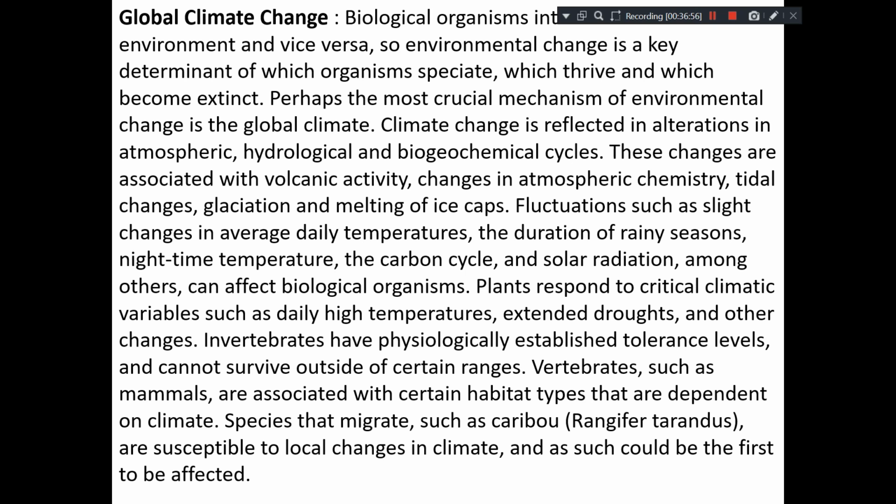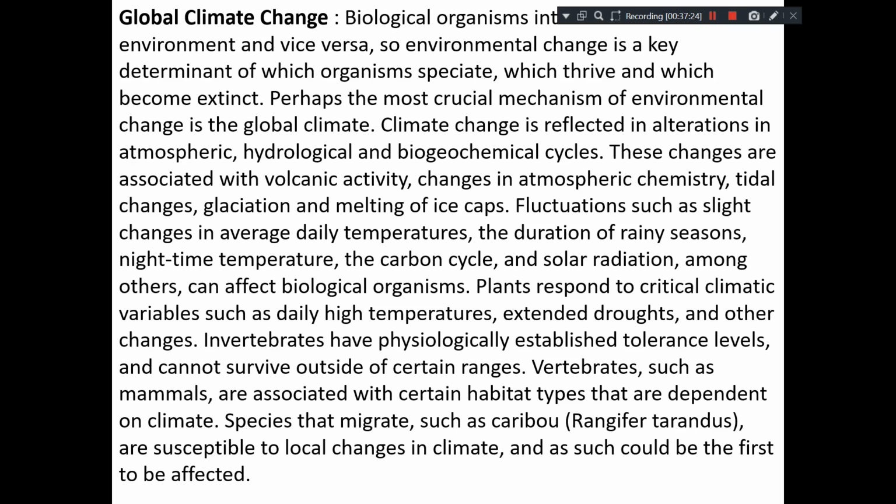And if there's a sudden change in the natural environment, these organisms cannot cope immediately. So a slight fluctuation can be detrimental to their survival. That will affect the biological organisms, both plants and animals.